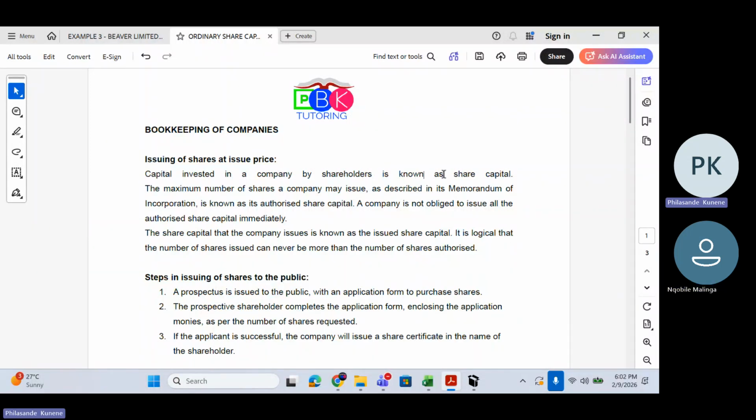Okay. I also wanted us to touch on it myself, so that we can move on once I'm done with it. That's part of bookkeeping of companies. When the company is being incorporated, or started or created, we need capital.